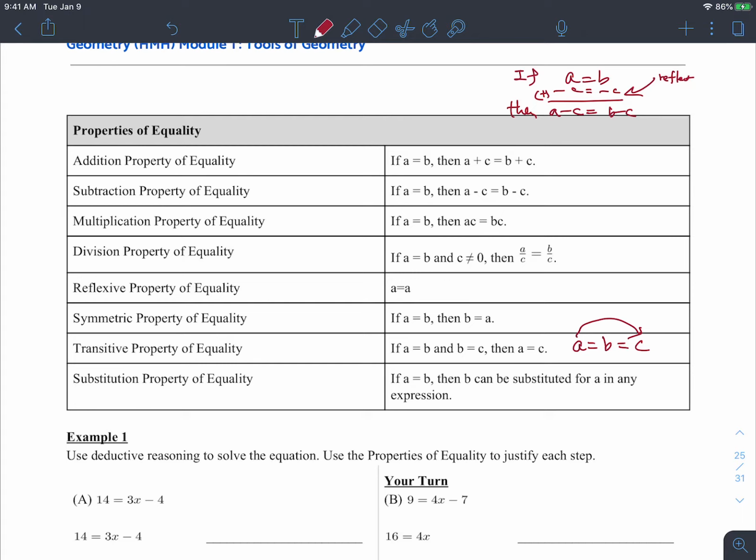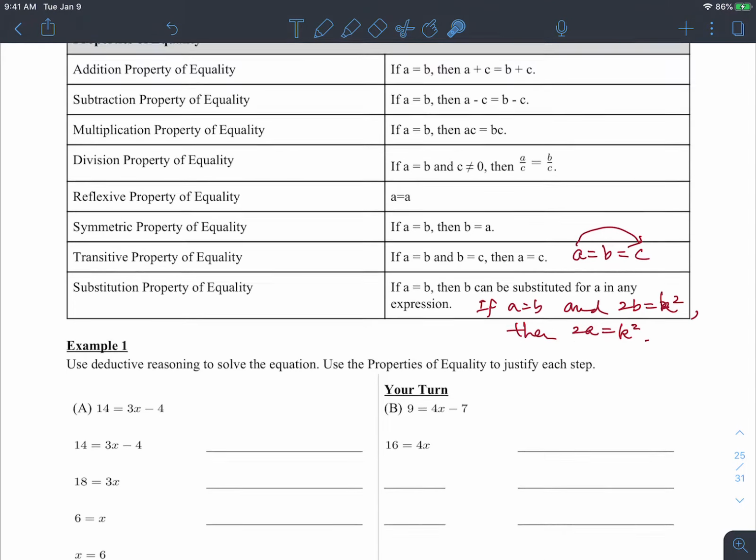So for example, if A is equal to B, and we know that, I don't know, 2B is equal to k squared, then by the substitution property, we could say 2A is equal to k squared. Because A and B are equal to each other, wherever B appears, we could substitute it with the exact value of A. So if this statement was true, then this also is true by the substitution property.